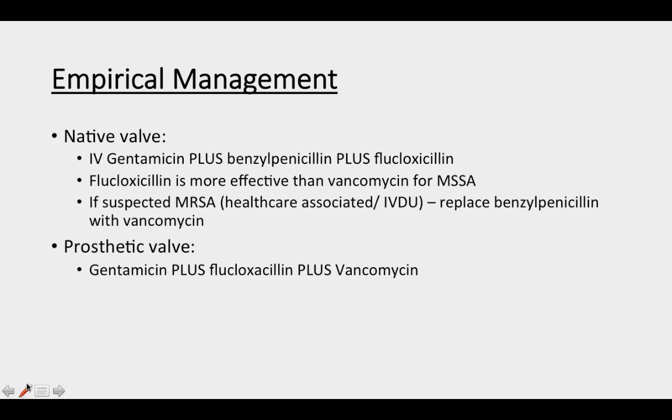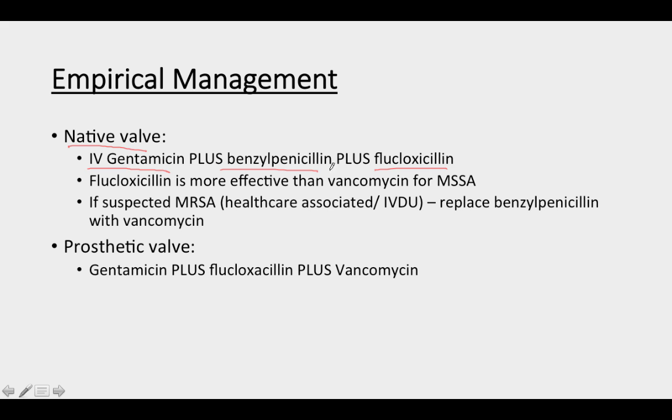If you have your own heart valve, you haven't had a prosthetic heart valve, then the antibiotics you cover with are intravenous gentamicin for the gram-negative rods, benzylpenicillin for the strep species and enterococci species, and flucloxacillin for the staph species.